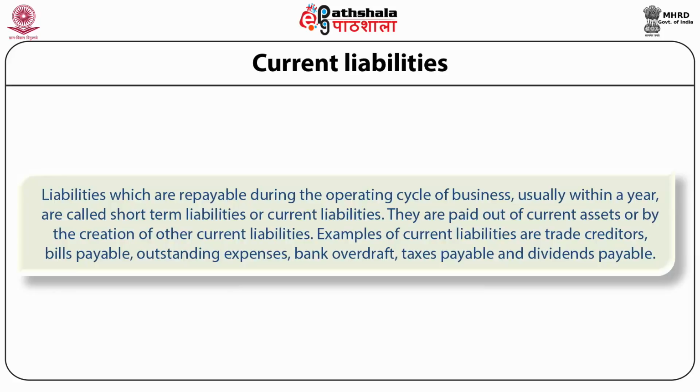They are paid out of current assets or by the creation of other current liabilities. Examples of current liabilities are trade creditors, bills payable, outstanding expenses, bank overdraft, taxes payable, and dividends payable.